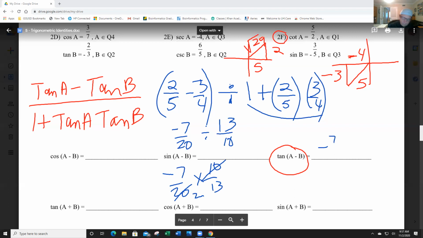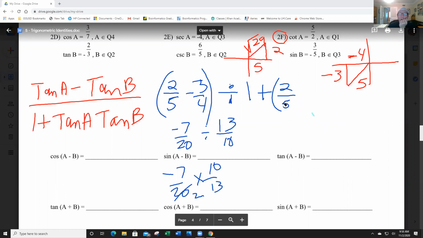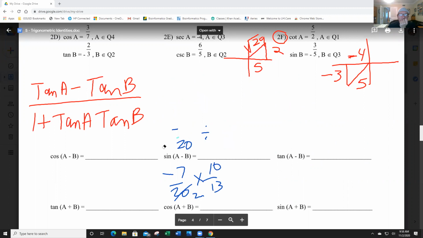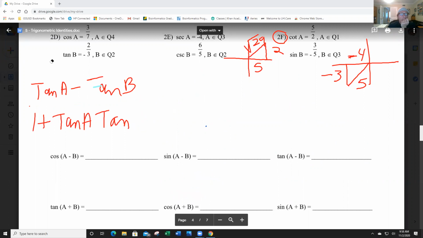Yeah, -7/26. That's right. Again, a lot of arithmetic involved there. It's not particularly an arithmetic lesson, but there it is. Let me erase a little bit here, and then we'll do the last one of this page. Very, very long lessons.